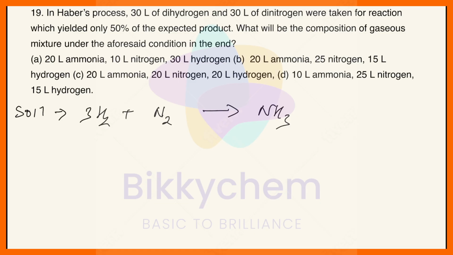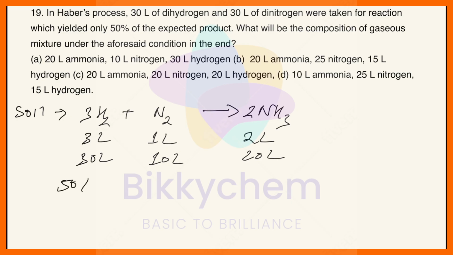So to balance this one, we'll write this. In terms of liter, it is 3 liter, 1 liter and 2 liter. So if I consider the dihydrogen as 30 liter, the nitrogen will be 10 liter, and the production of ammonia will be 20 liter.